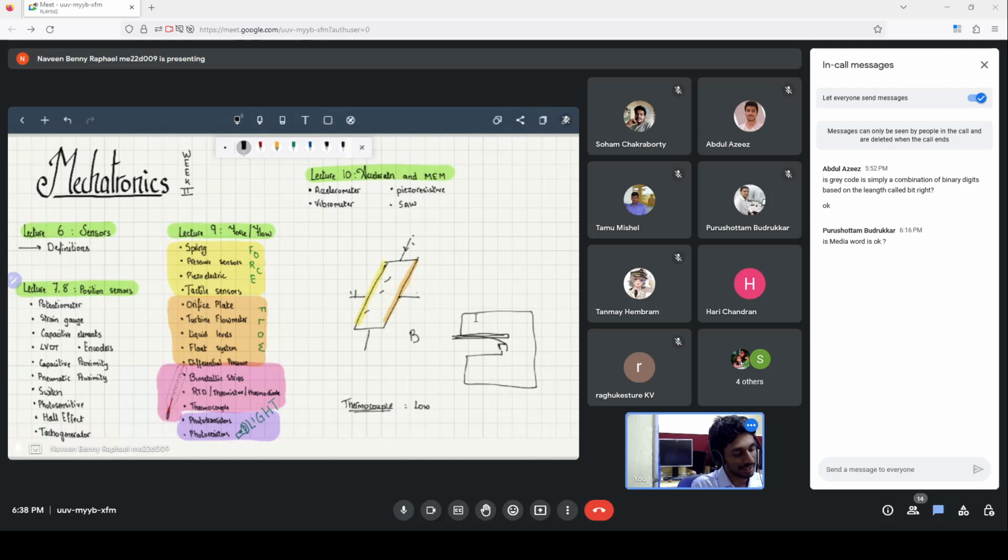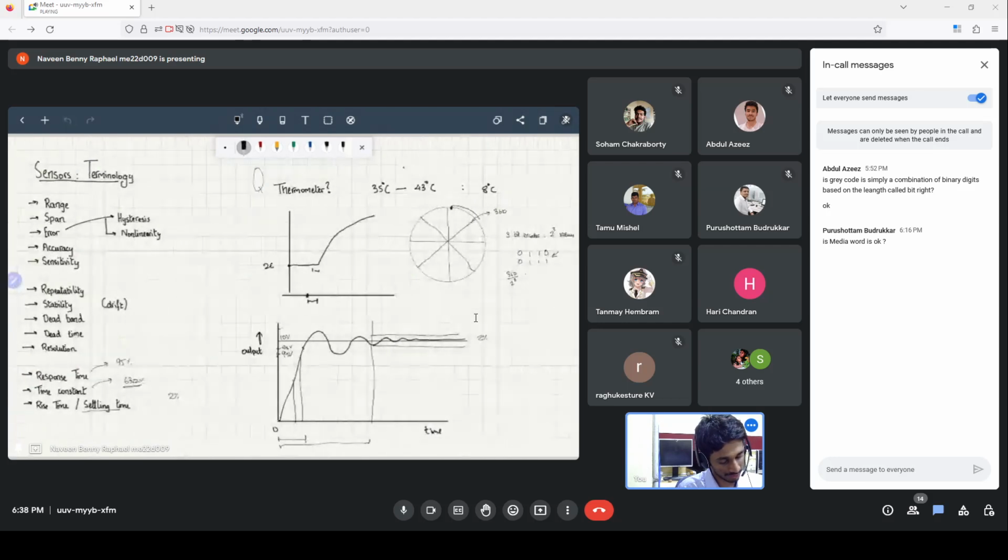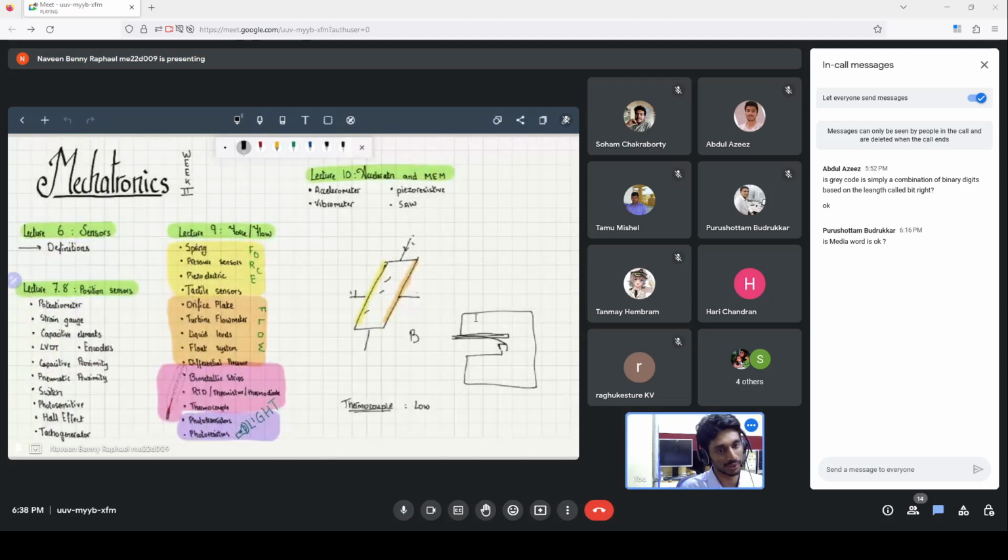In the end, piezoelectric and piezoresistive elements have different stability, dead bands, resolutions, and even response times and time constants. Therefore, depending on which of these you prioritize for your application, you have to look at the actual sensor values and check.